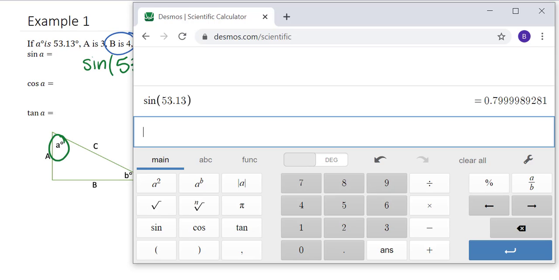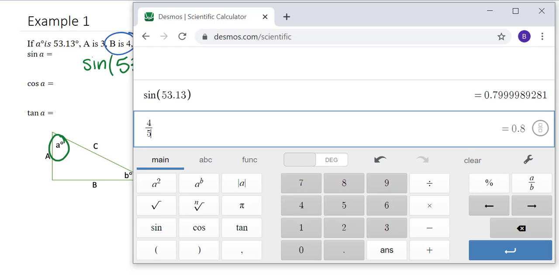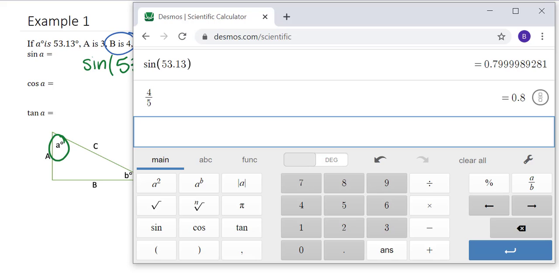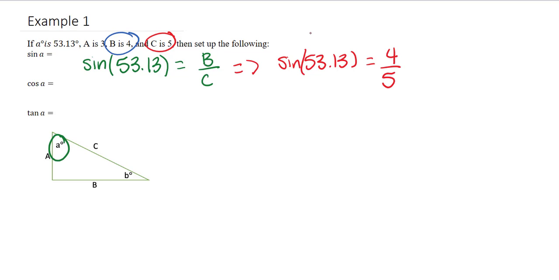Now, let's go ahead and look at 4 divided by 5, because that's the ratio of the sides, and we see it's 0.8. So you can see that this is about 0.80 when it gets rounded, and this is 0.8.